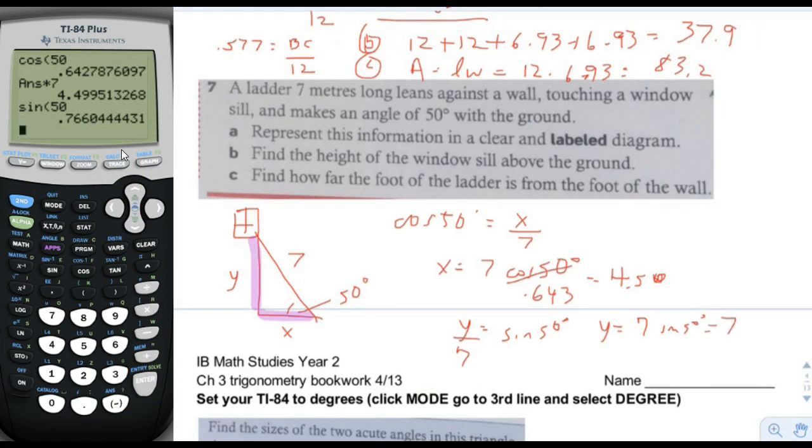So 7 times 0.766 gives 5.36. So that's y. Okay, x was 4.5. All right, moving on.